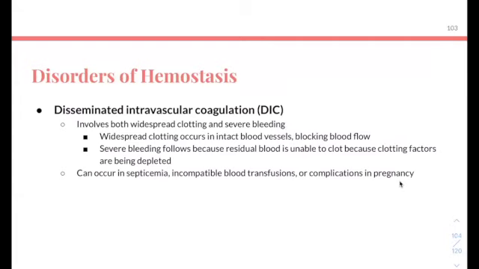And then they also have bleeding that causes residual blood to not be able to clot because clotting factors are depleted. This can occur in what's called septicemia, incompatible blood transfusions, and complications in pregnancy.